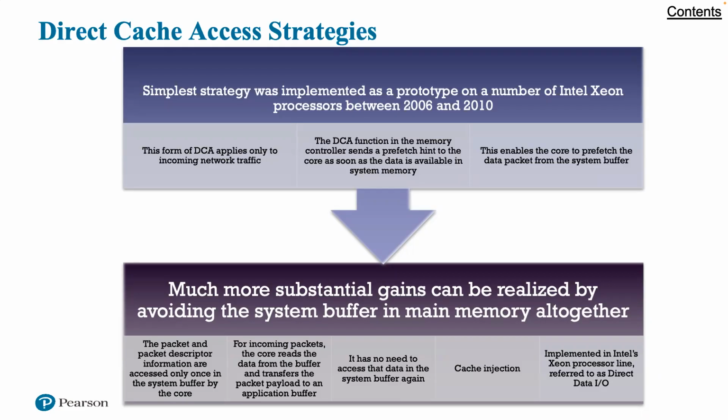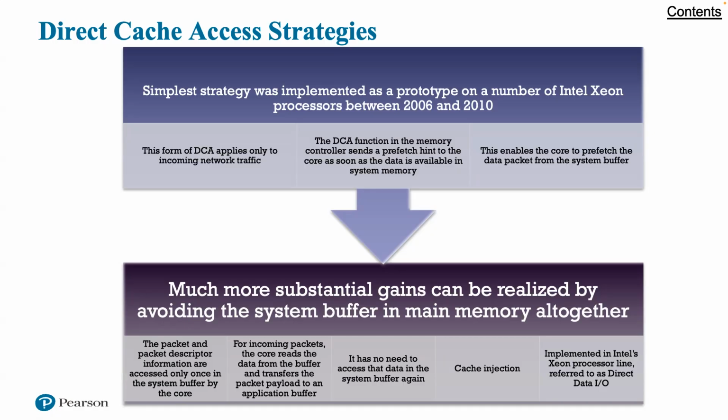This form of DCA applies only to incoming network traffic. The DCA function in the memory controller sends a prefetch hint to the core as soon as the data is available in system memory. This enables the core to prefetch the data packet from the system buffer, thus avoiding cache misses and the associated waste of core cycles.